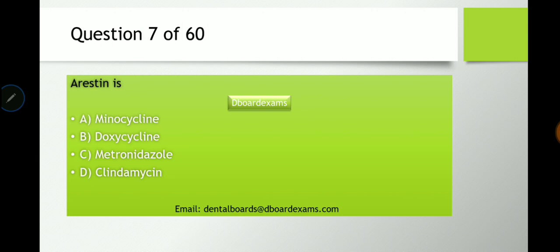So Arestin is minocycline. Make sure you know that, minocycline. So our answer is A. This one is a definition, so I'm not going to give feedback on it. Moving on to question 8.